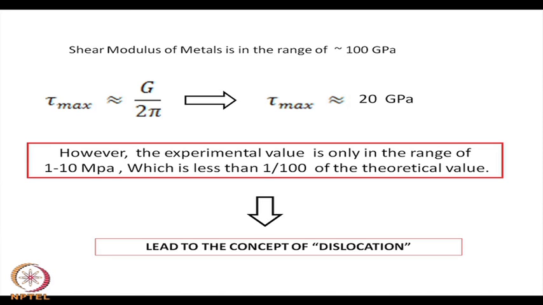If it is a perfect crystal, then that value is of course true, but if it is an imperfect crystal, and the imperfections are of the kind called dislocations, then by introducing the concept of dislocations, one can realistically find out the actual stress required for plastic deformation.